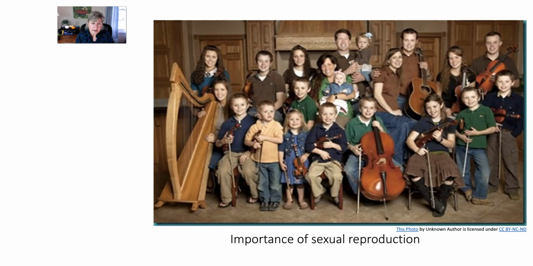The importance of sexual reproduction is that even if the same mother and father get together, the chances of them having two offspring that are exactly alike are 8 million times 8 million. There are 8 million different combinations of your particular chromosomes that end up in your gametes or your sex cells, whether they're eggs or sperm.